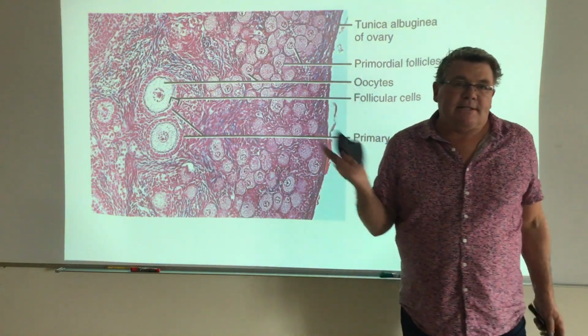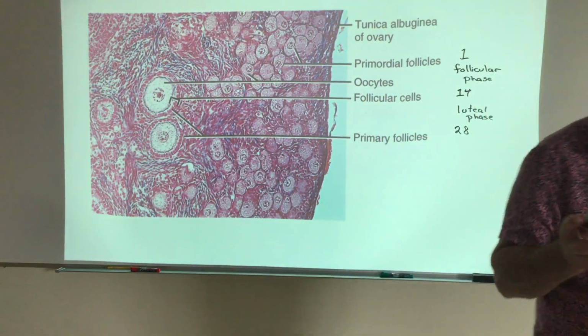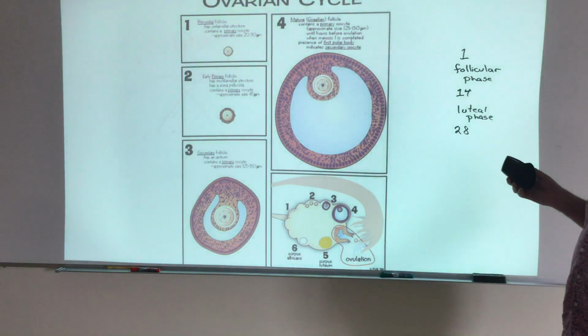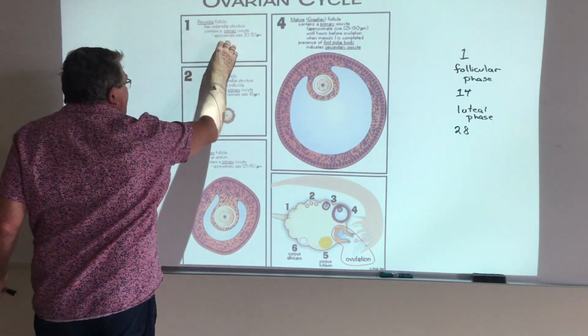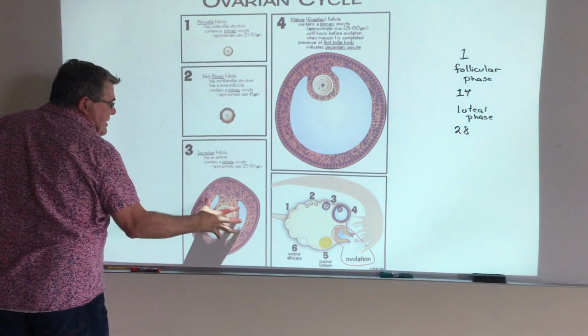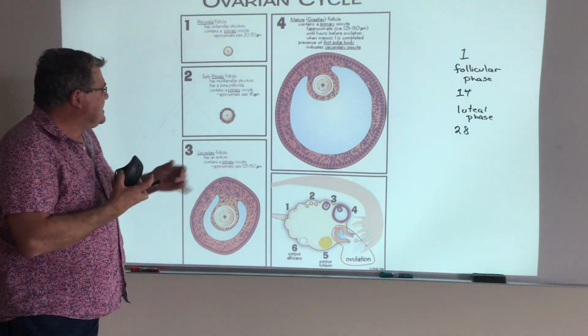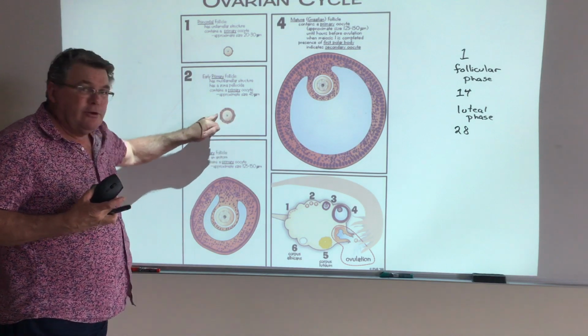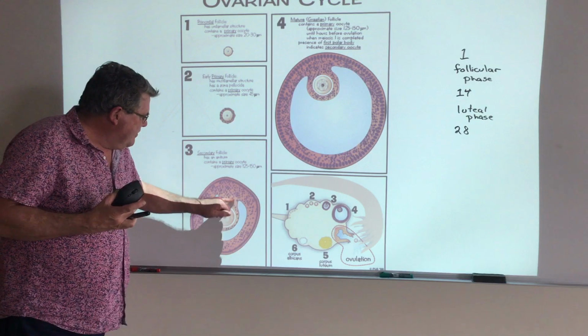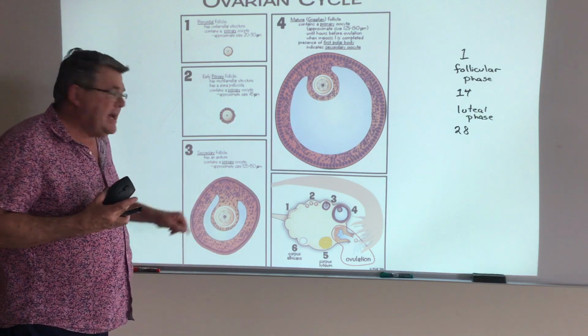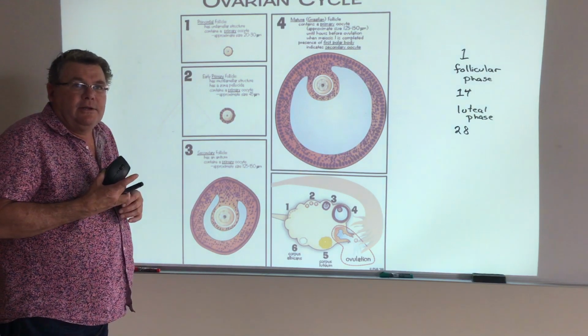Now, let me jump to the next slide. We'll come back and revisit this one in a minute. Here's what's essentially happening. Here's the follicle, here's the follicle, here's the follicle. And you can see the follicle cells get more numerous, they get more abundant. And all of a sudden it gets to the point where this area inside called an antrum starts to form.